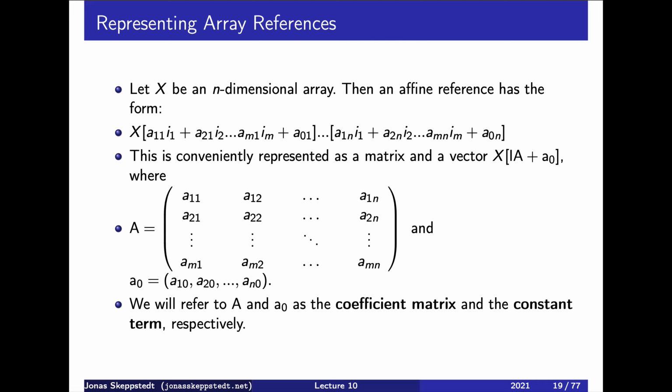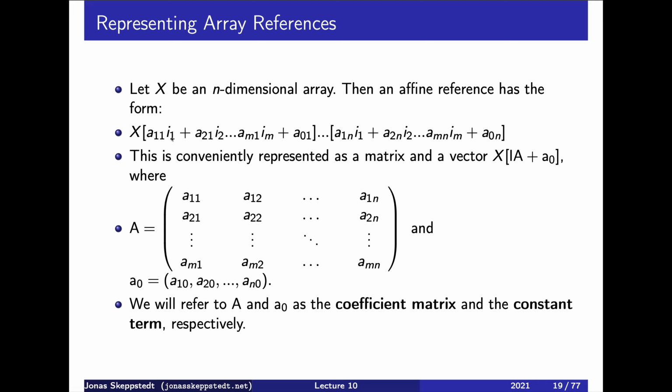So, how should we represent array references? It's the same idea as for the loop bounds. Namely, that we use matrices and one matrix per reference and a constant vector.